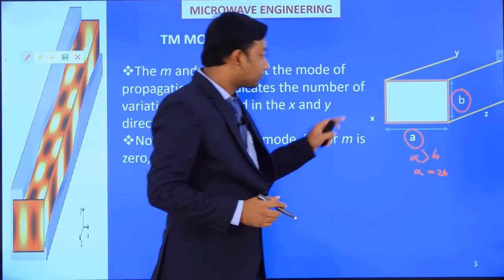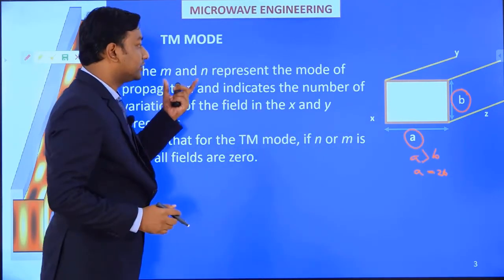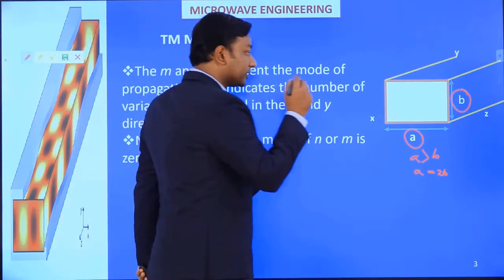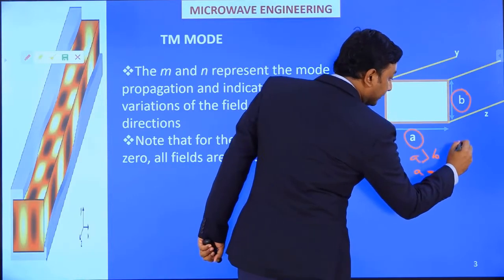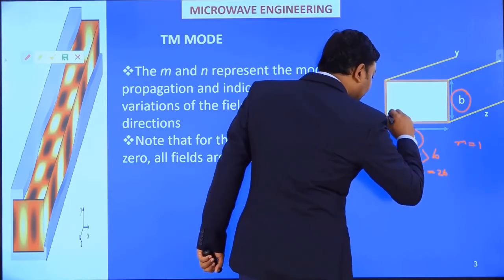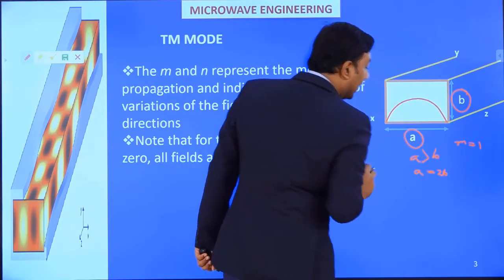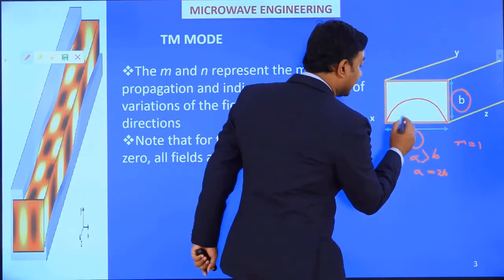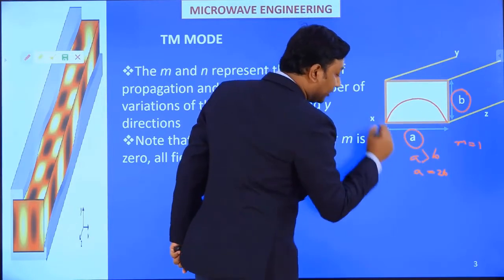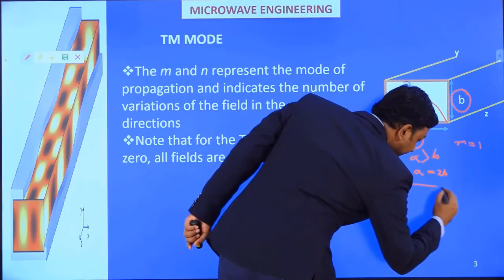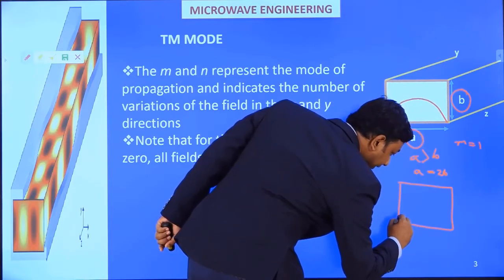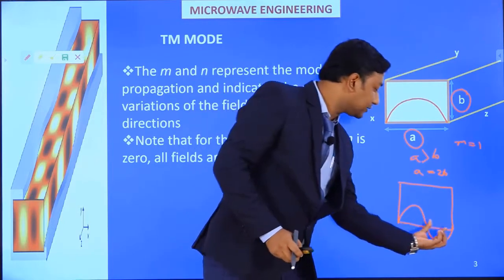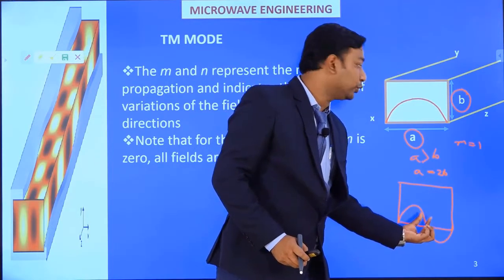So what does M mean? M represents the number of half wavelength variations. If M equals 1, there is one half wavelength variation. If M equals 2, then there will be 2 half wavelength variations.